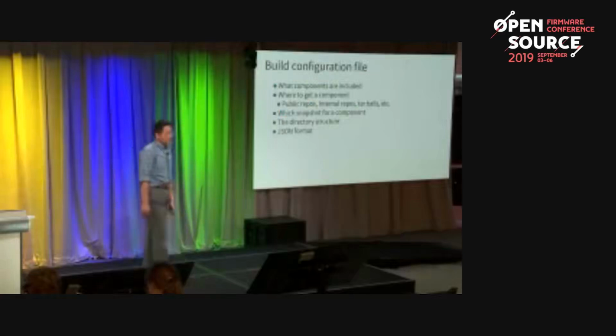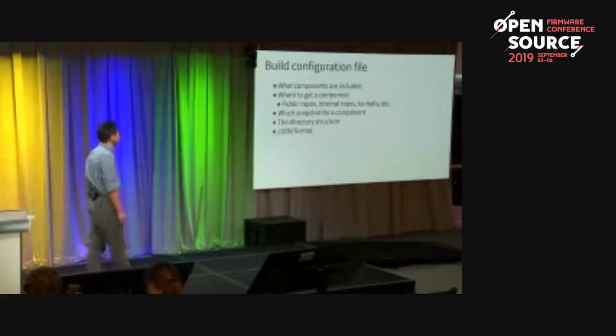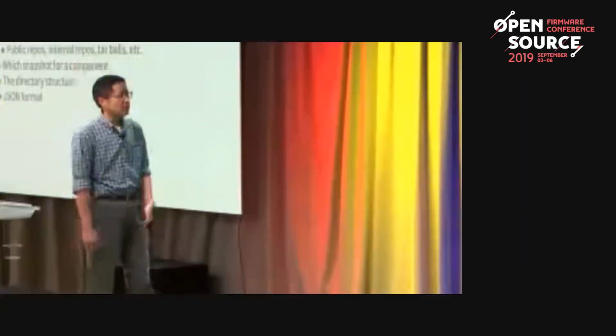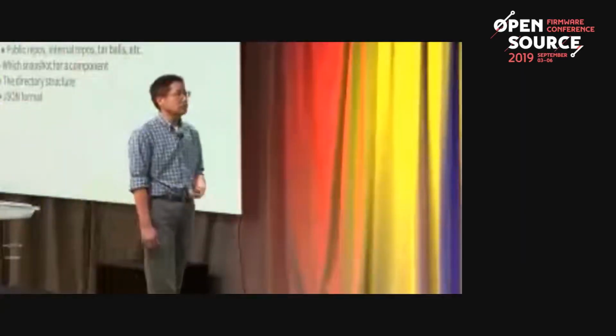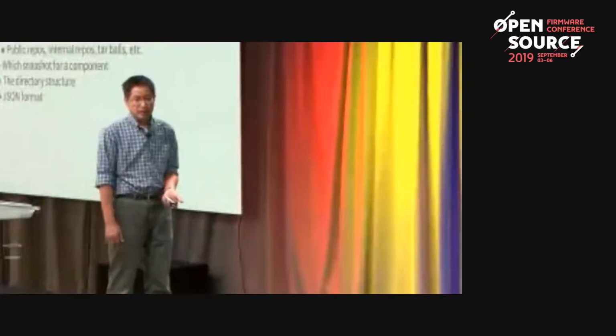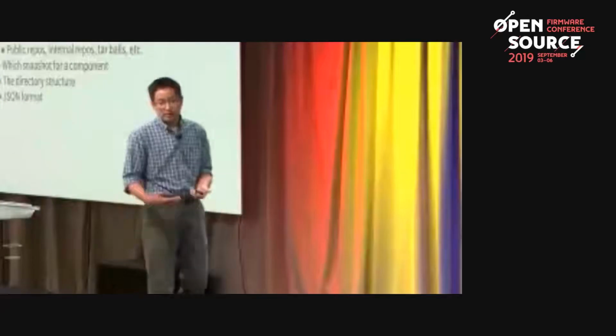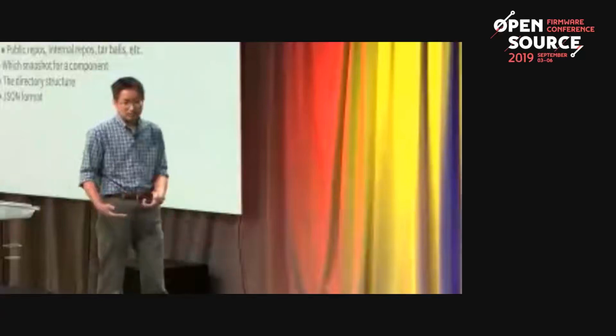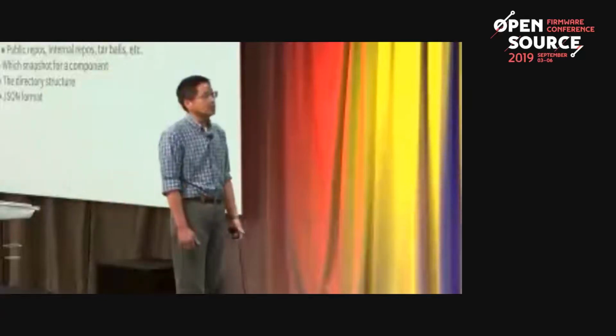So the build configuration file includes information such as what components are included and where to get a component. You could get it from a public repo, you could get it from an internal repo, you could get it from a tarball, right? For example, let's say FSP. We give a tarball to our partners, right? Because there's trade secret in it. You cannot get the source code.